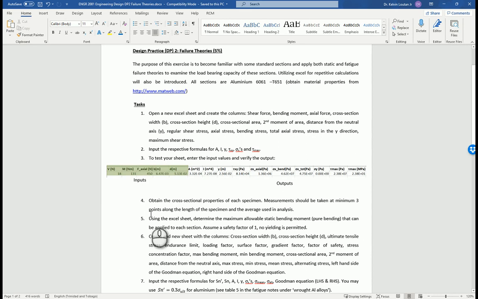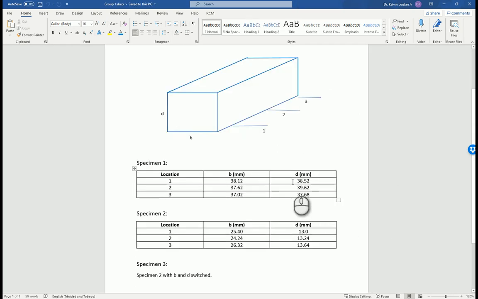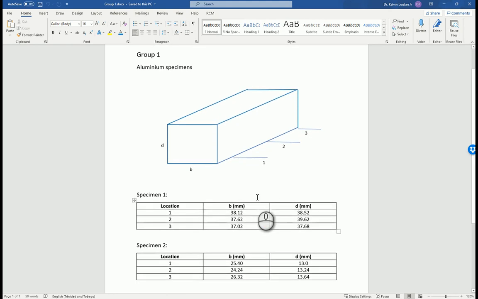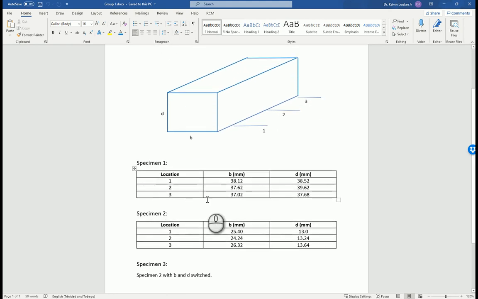Task number 4 is where you obtain your cross-sectional properties. If we were to look at your group results, for example, this is group 1, specimen 1. These are the dimensions for B and D, that's a width by height.